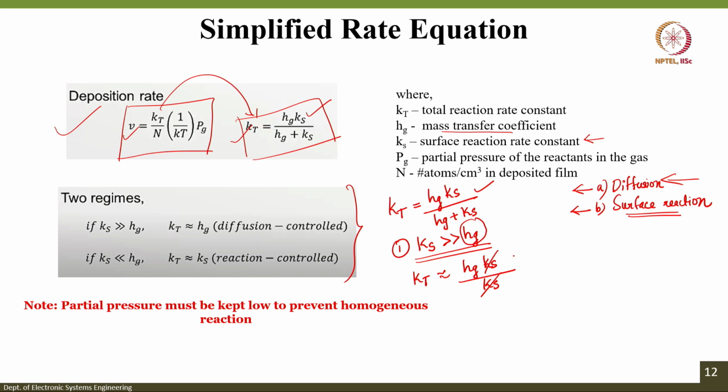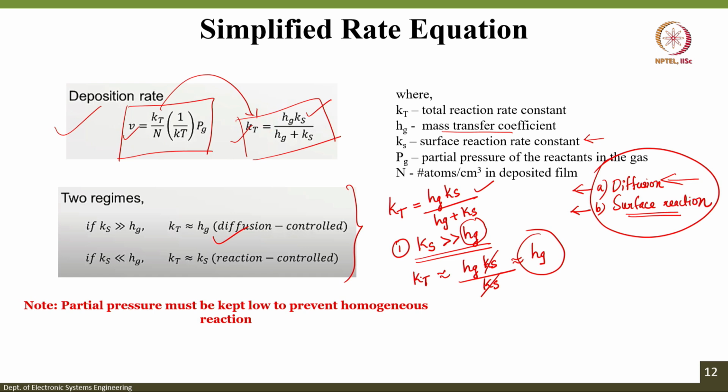When you simplify the mathematical equation, it will be approximately equal to Hg, as mentioned here. So, whenever in a particular CVD chamber the surface reaction rate exceeds the rate at which mass transfer happens, you can call that particular process diffusion controlled. That means out of these two steps, whichever is the slower step would be the rate determining step in a CVD reactor.